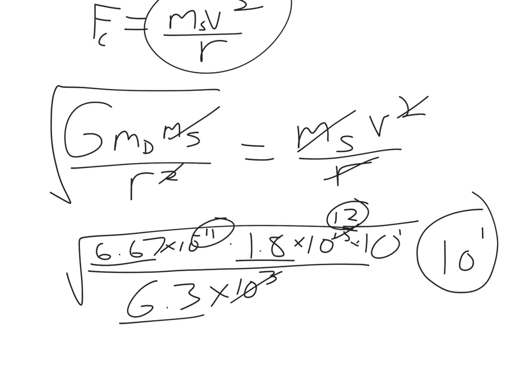So when I take the square root of everybody, I get 4.3 meters per second. 4.3 meters per second. What is that? 10 miles an hour? That's nothing. You guys can run that fast.